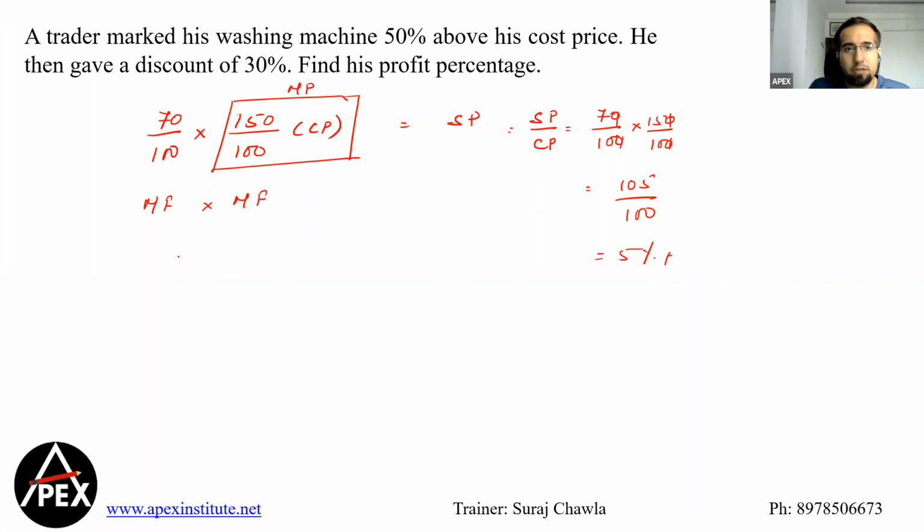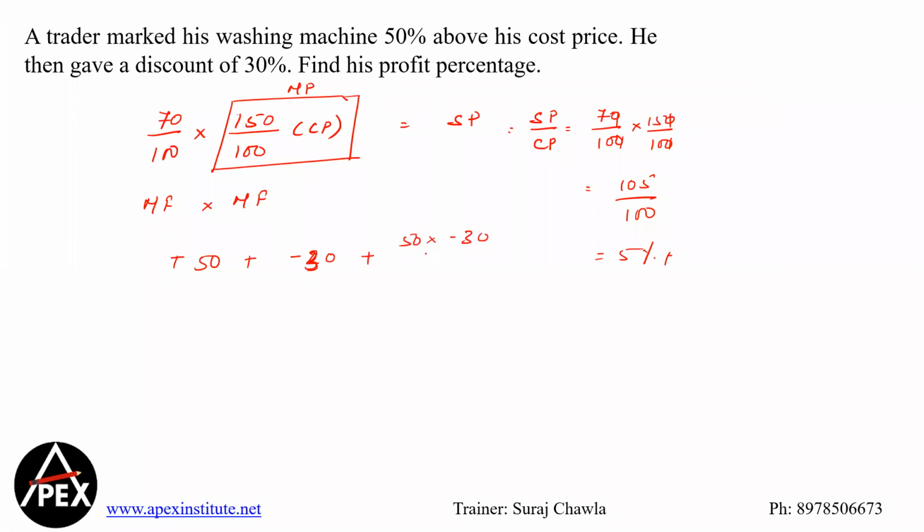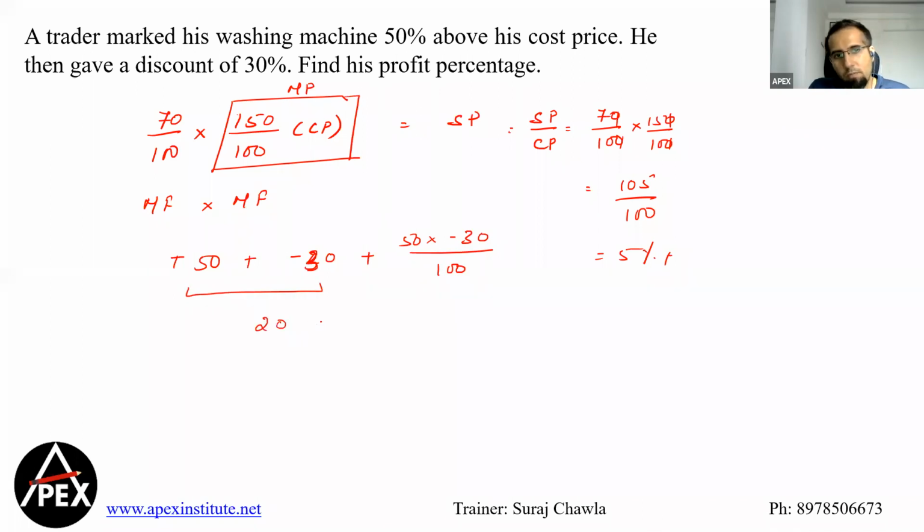If we have two multiplying factors, we can use successive percentage change. So plus 50 minus 30, plus of 50 into minus 30 divided by 100. So we have 20 here, plus of minus 15. So 20 plus of minus 15 gives me 5% profit.